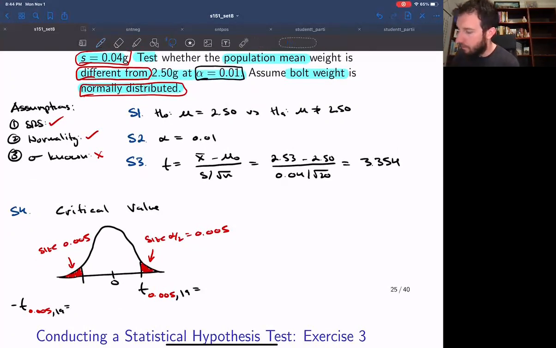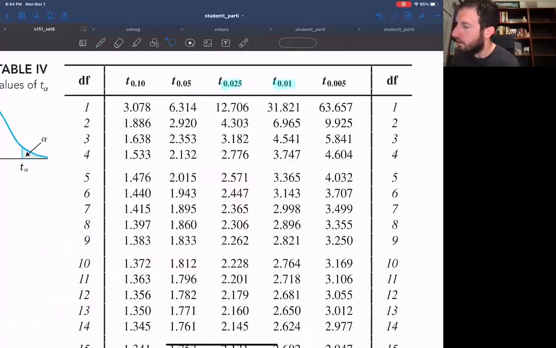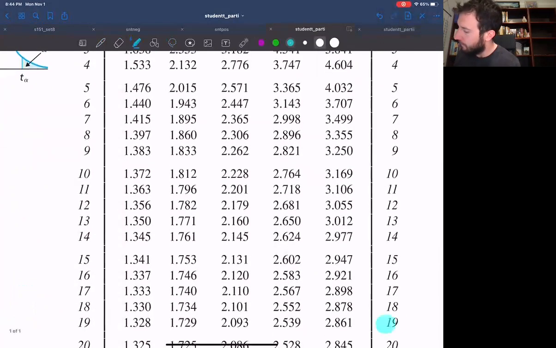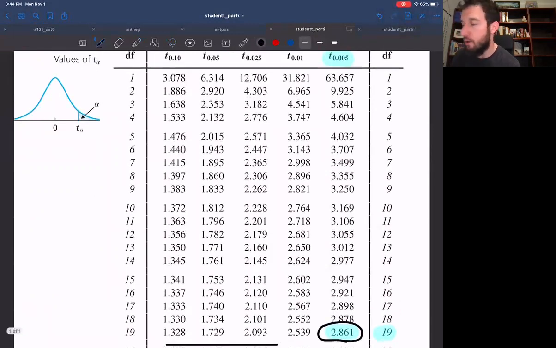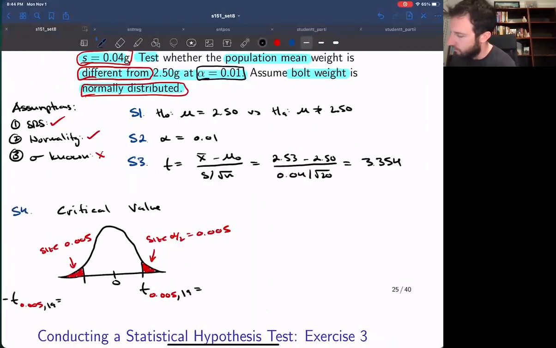All right, so to find the critical value, we go to our student t table, and all we're going to do here is match t 0.005 to the degree of freedom, which is 19. That gives us a critical value of 2.861. So the critical value for this test is a t value at 0.005 and 19, which is 2.861.